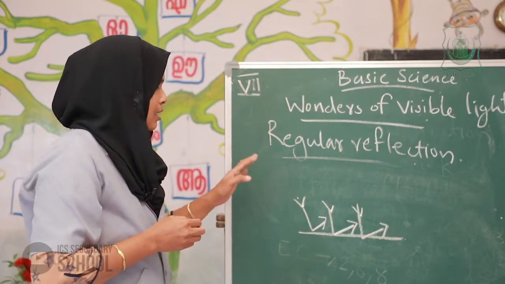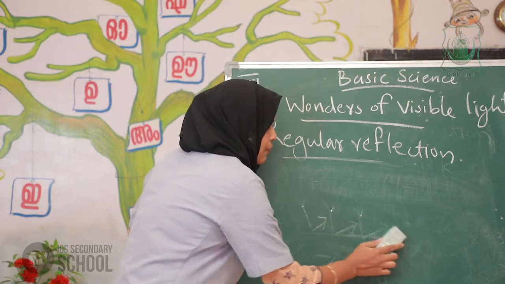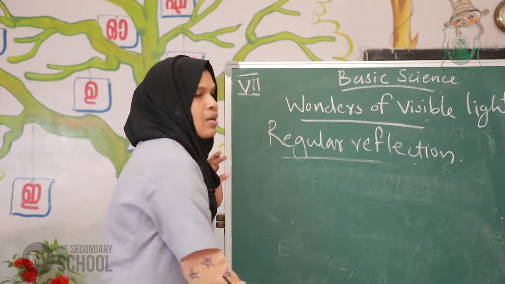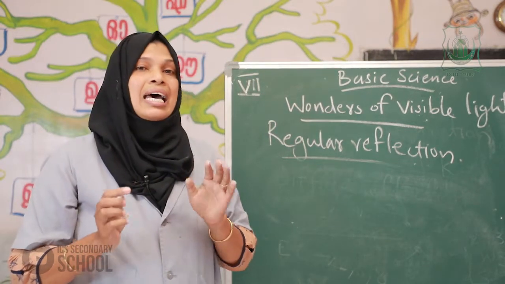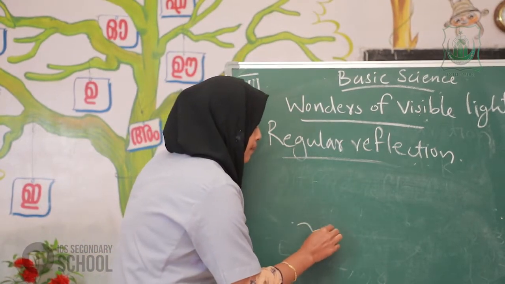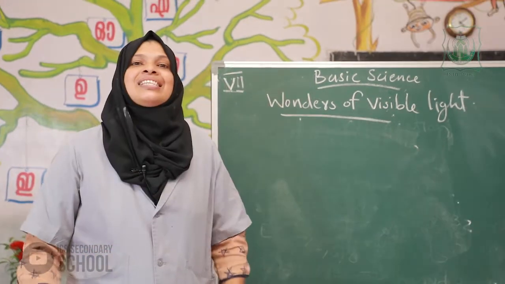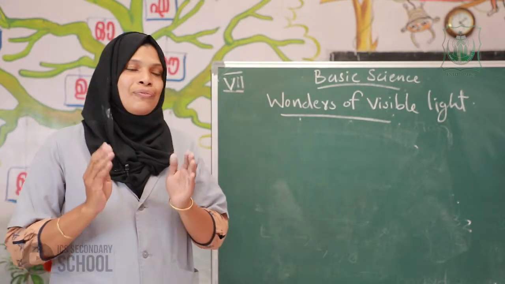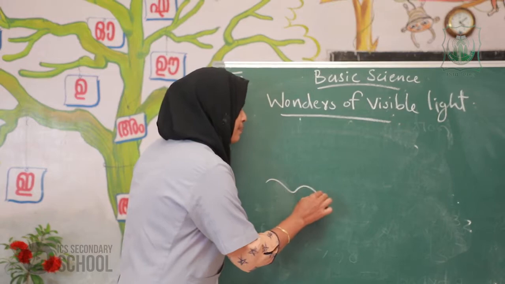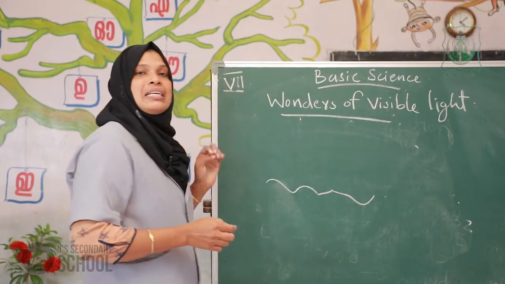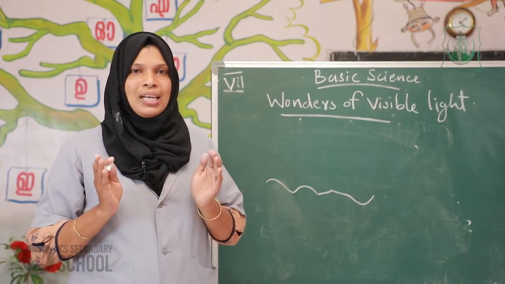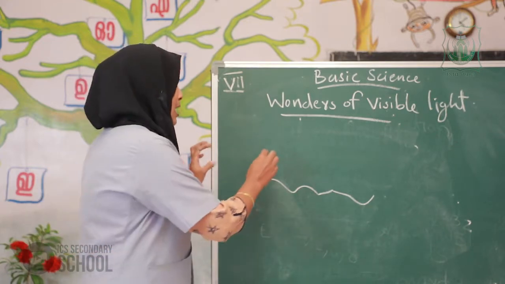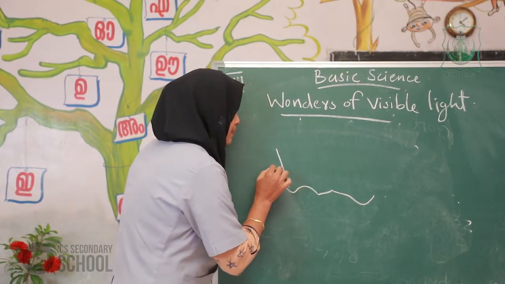Then next, diffuse reflection. When light falls on a rough surface, it is reflected irregularly.